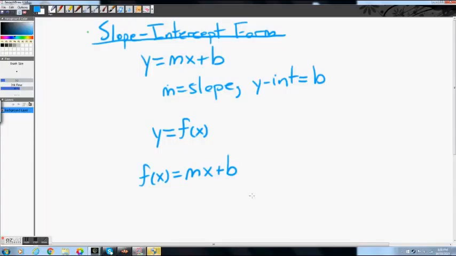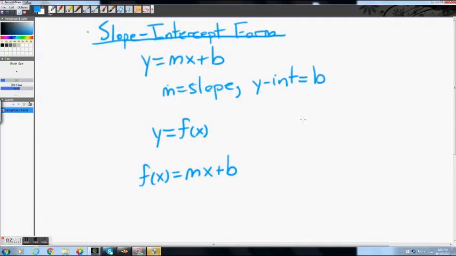So now let's do a little bit with this form. We're going to first graph some lines written in y equals mx plus b form, and then find the y equals mx plus b form for some lines that are already graphed for us.